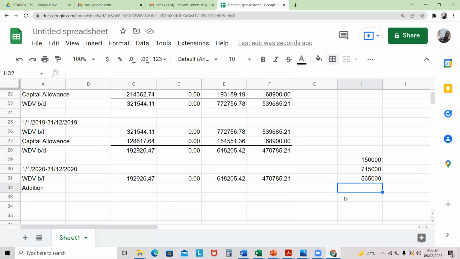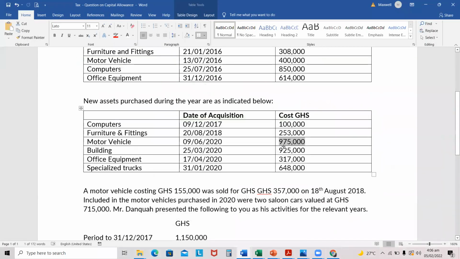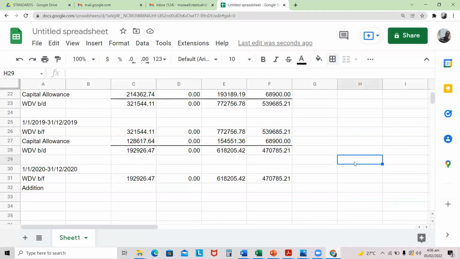So it means that we should have, rather, let me start all over again. For class 2, we're told that included in motor vehicles purchased in 2020 were 2 saloon cars valued at 715,000. But the act says that non-commercial vehicles, for example saloon cars, for the purpose of capital allowance, the value should be 75,000 each.